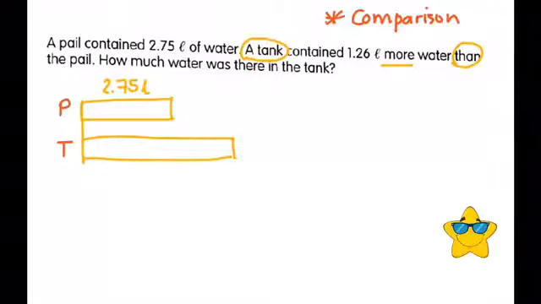Do we know how much water is in the tank? No. But we know in the given detail that it contains 1.26 more water than the pail. This part shows us 1.26 or their difference. So again, label. What do we need to find out in the given problem? We need to know how much water was there in the tank.